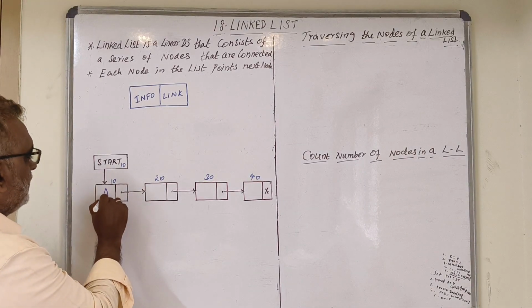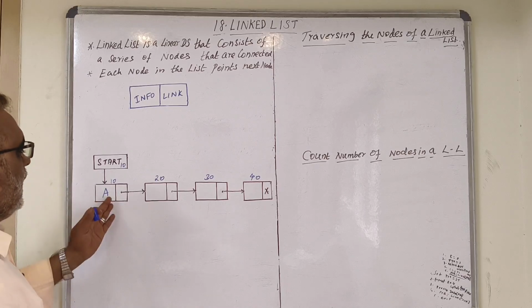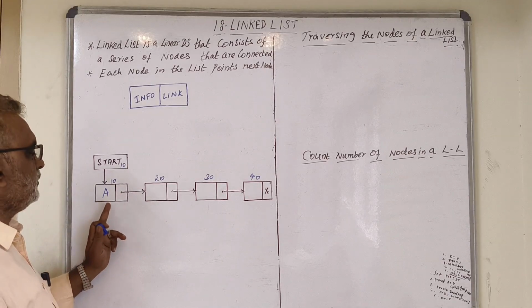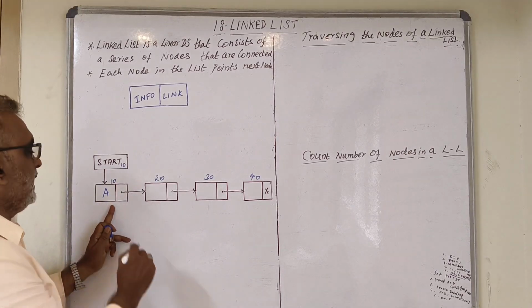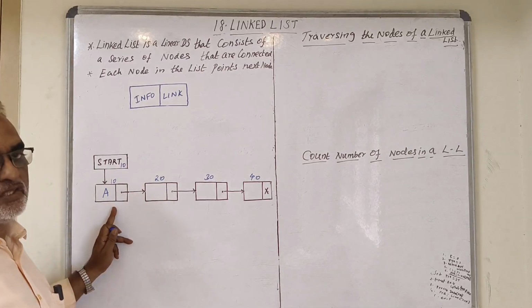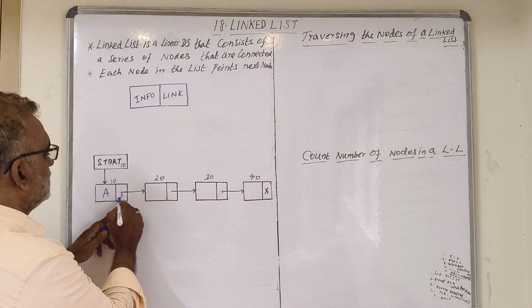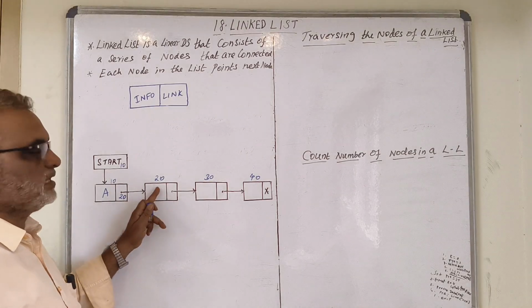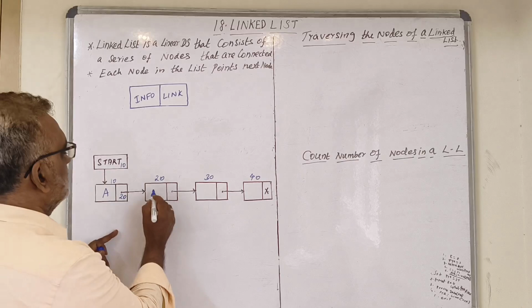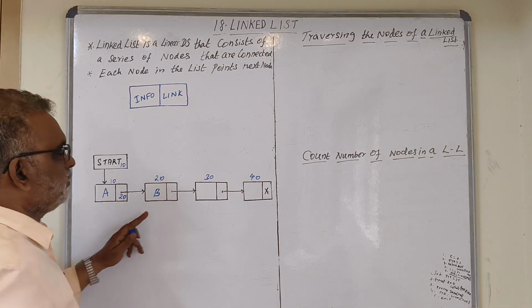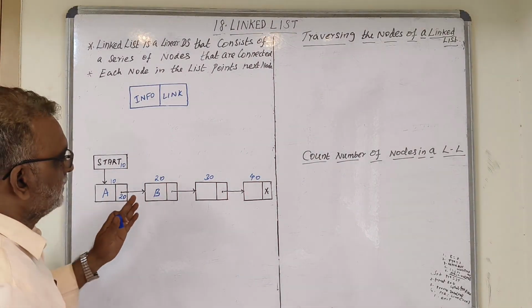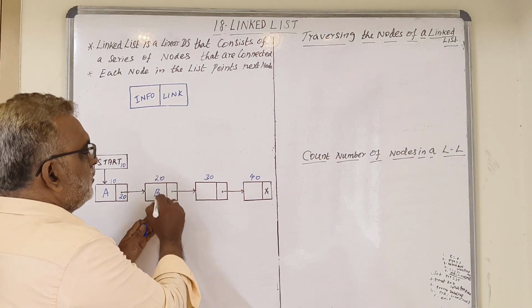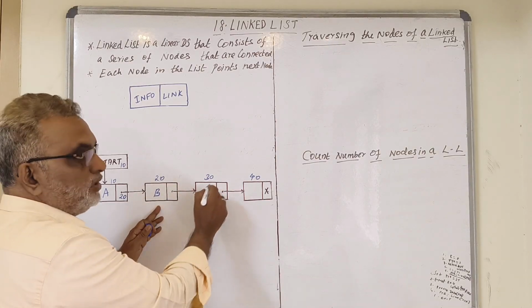It contains the data A, and the link part of this node contains the address of the next node. So this link contains the value 20. So 20 is the address of the second node. The second node contains the data B. Similarly, the second node contains the address of the third node.